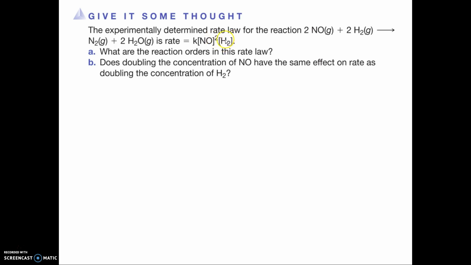On the other hand, with H2, a normal rate would be X amount of H2. If you double that and put in 2X to the first, which is just twice as big, the rate would be twice or doubled. So doubling the concentration of NO, 2 to the second, 4, quadruples the rate, while just doubling the concentration of H2 will only double the rate of the reaction.